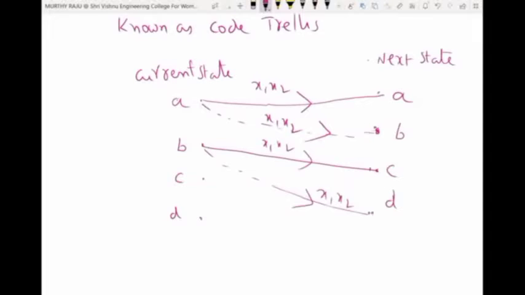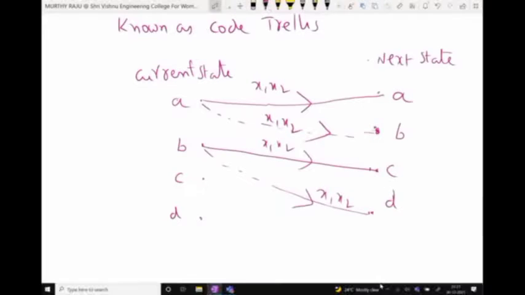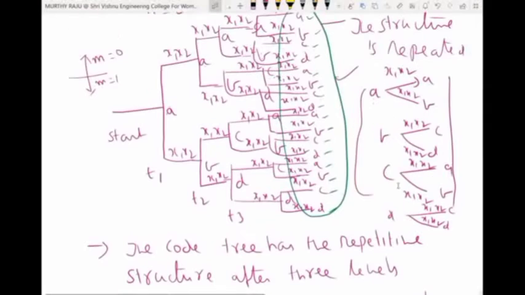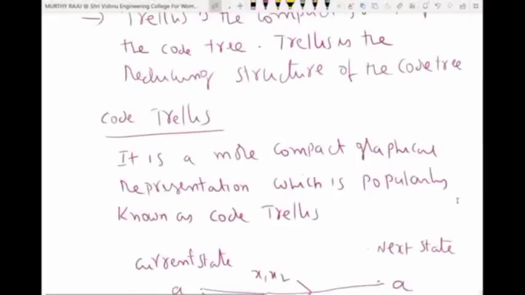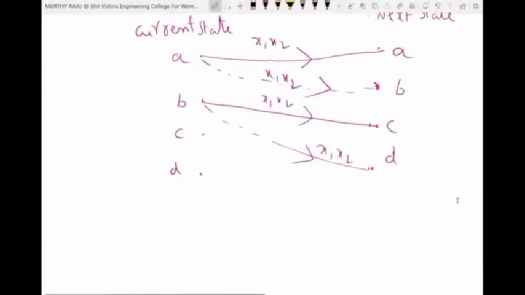Next one, C to A and C to B. This is C to A, the output is X1, X2, and C to B, X1, X2.